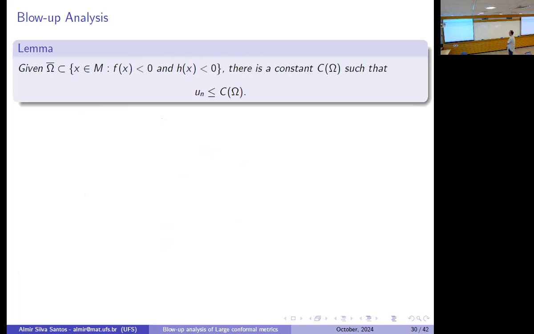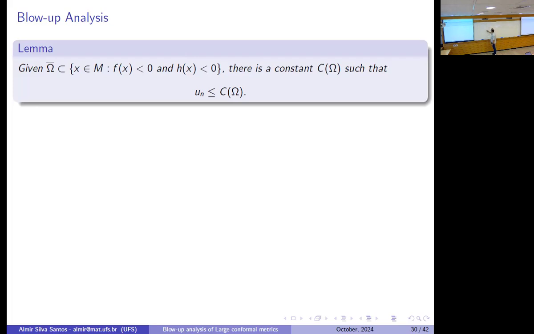And also, for any compact domain on this set, remember that the maximum of the function is less than or equal to 0, and the point where the function is 0 is on the boundary.